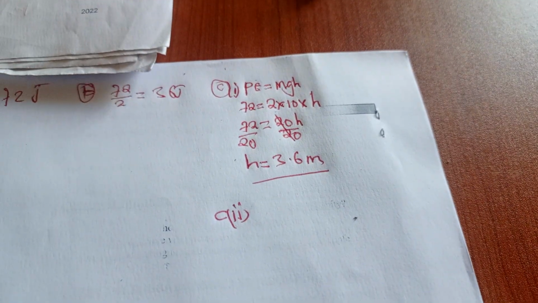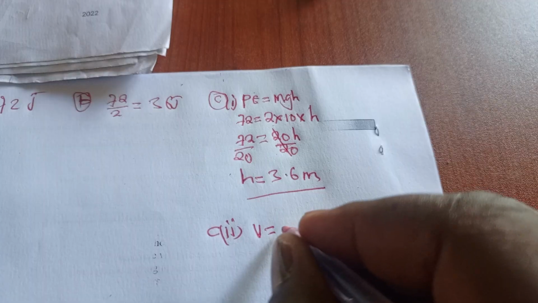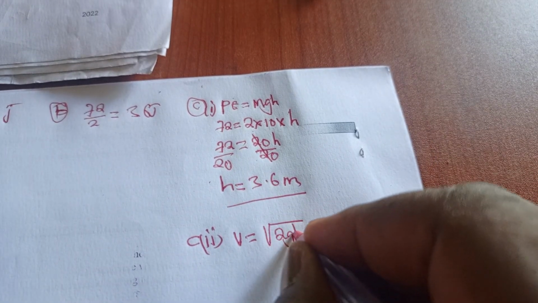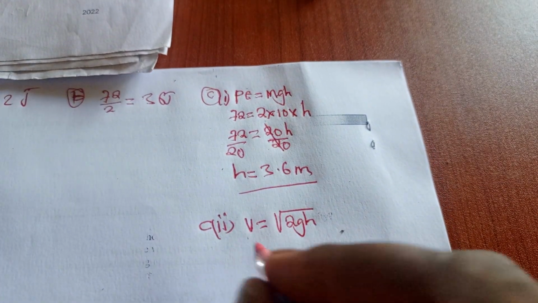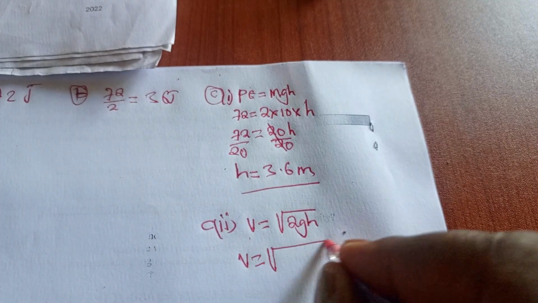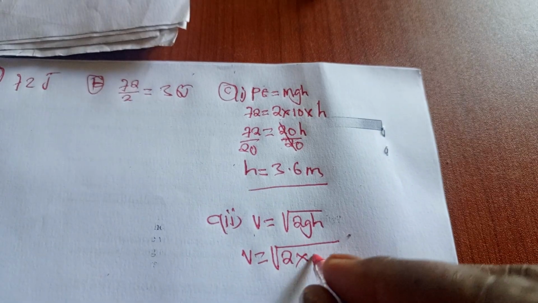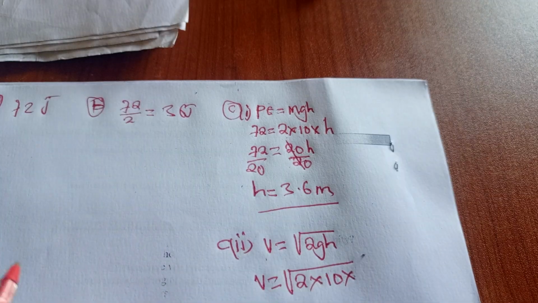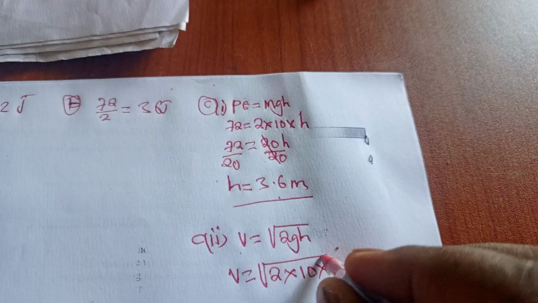The formula for velocity that I can use is velocity equals the square root of 2 times gravity times height. V stands for velocity, which is the speed. So the velocity is equal to the square root of 2 times gravity, which is 10, times the height I calculated, which is 3.6, in meters per second.